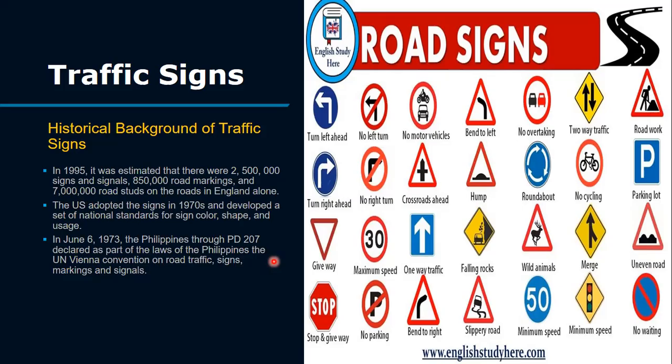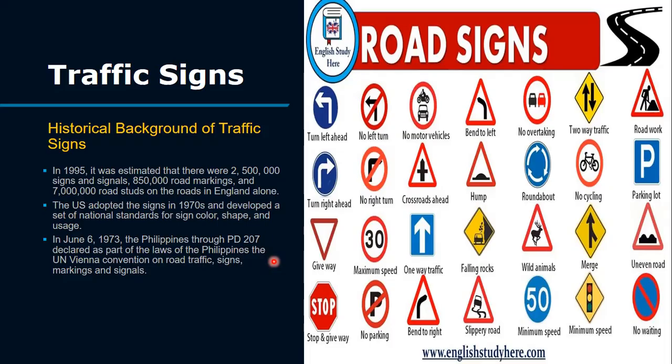However, the US adopted the signs in the 1970s and developed a set of national standards for sign color, shape, and usage. But in the Philippines, on June 6, 1973, through Presidential Decree 207, the UN Vienna Convention on Road Traffic, Signs, Markings, and Signals was declared part of the laws of the Philippines.